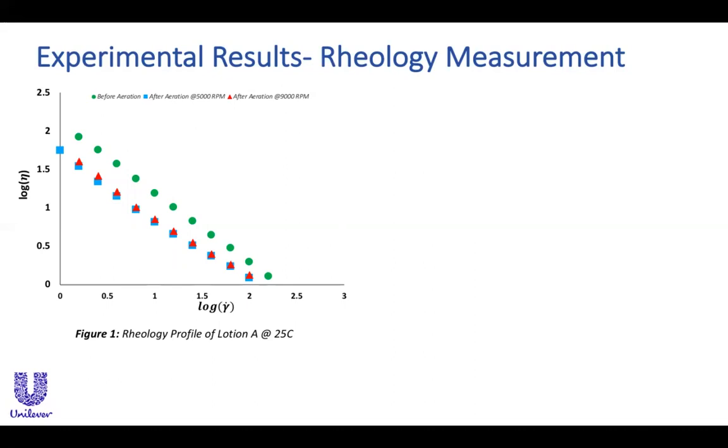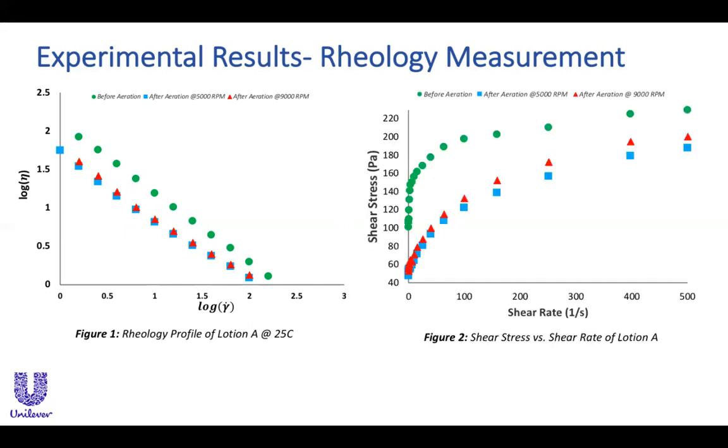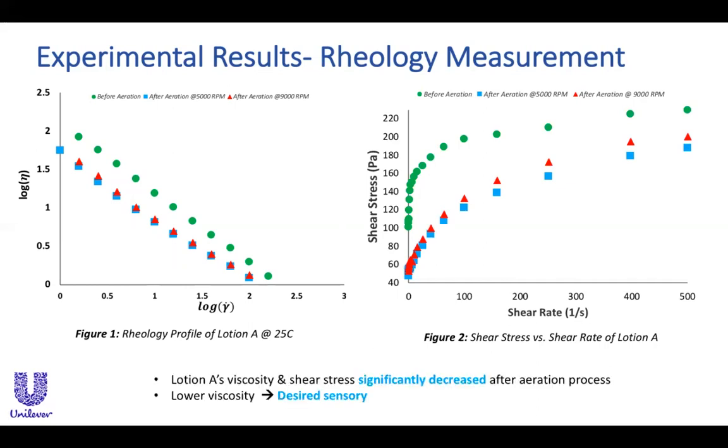We then take the log of both sides in order to linearize the plot, which can be seen in Figure 1. We can see a clear decrease in viscosity versus shear rate for Lotion A aerated at both RPM ranges. Figure 2, on the other hand, displays the shear stress versus shear rate of Lotion A and shows a clear decrease for the aerated samples as well. Overall, the data shows promising results: the viscosity and shear stress both significantly decreased after the implemented aeration process.